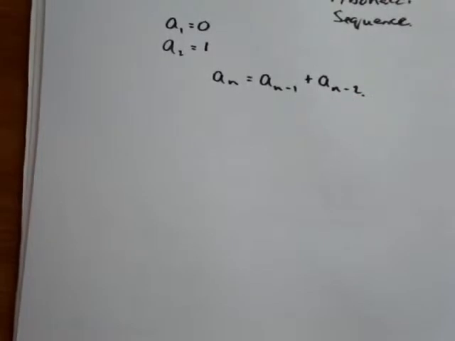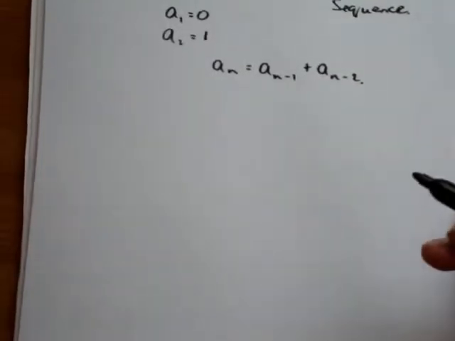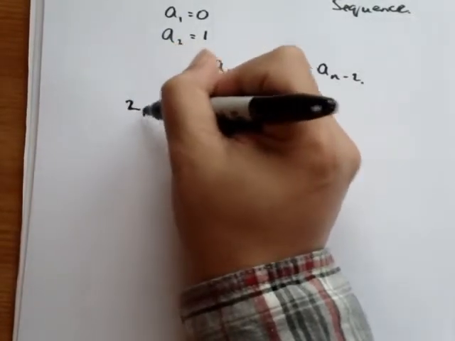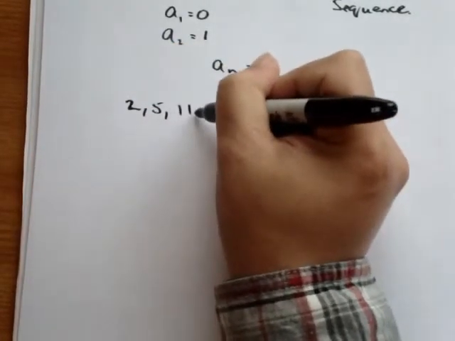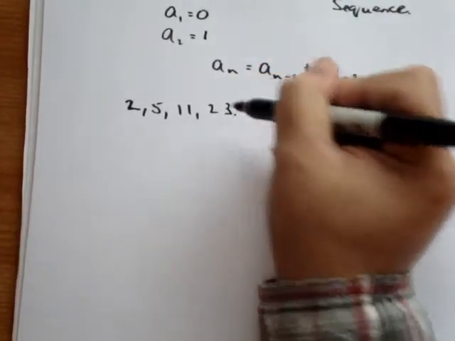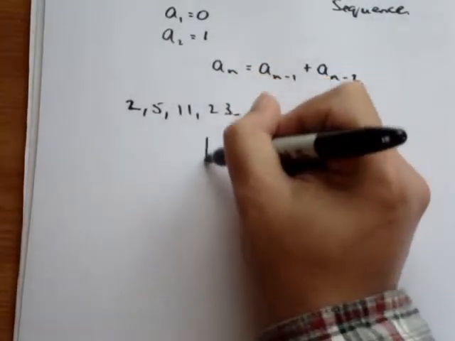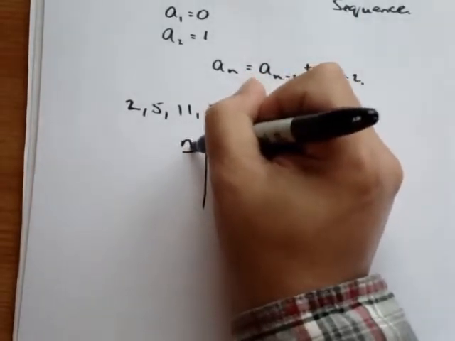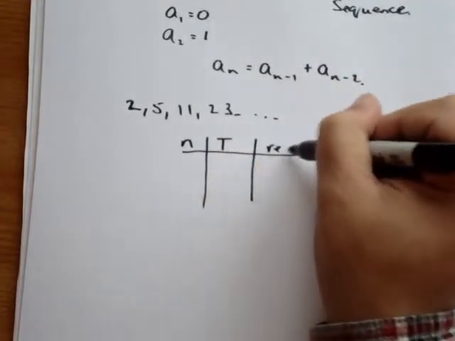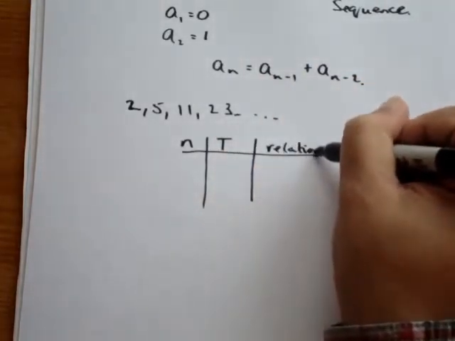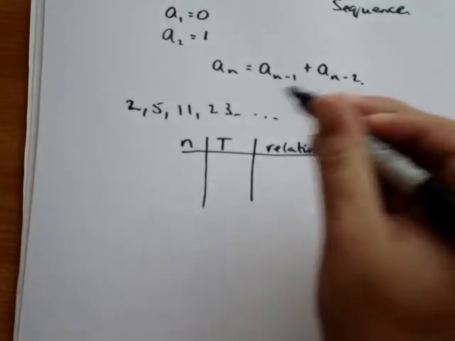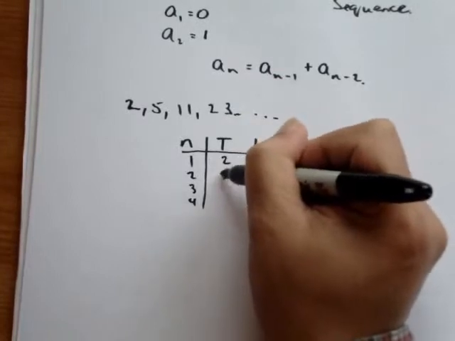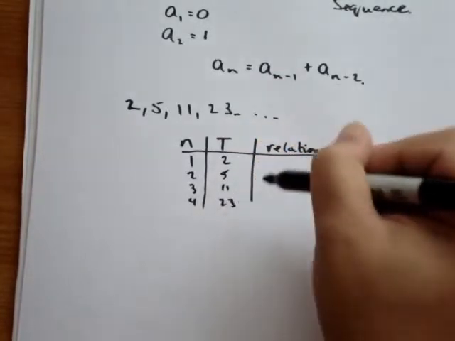Okay, a quick look at another sequence and then looking at the recursive formula. So we have 2, 5, 11, 23. Draw our table: number, term, relationship to the previous. 1, 2, 3, 4, 2, 5, 11, 23.